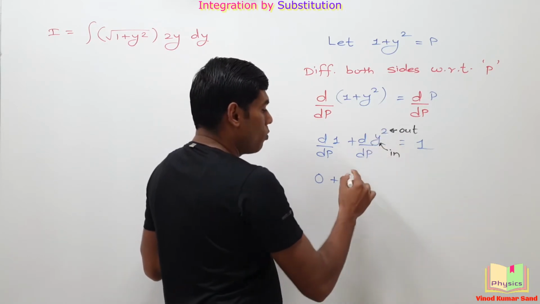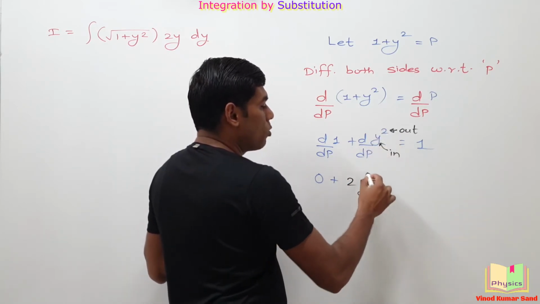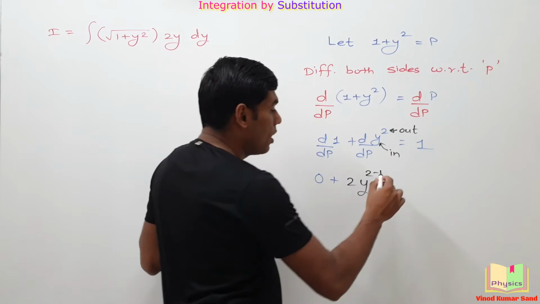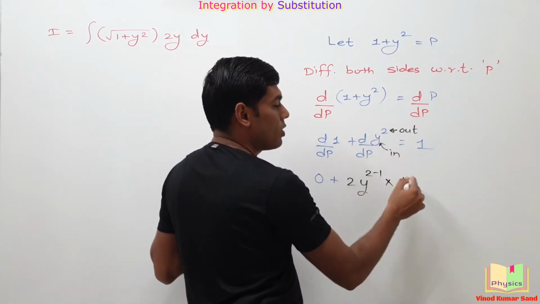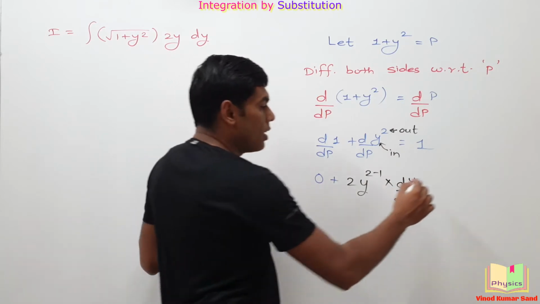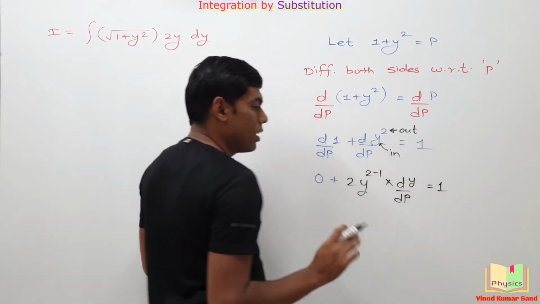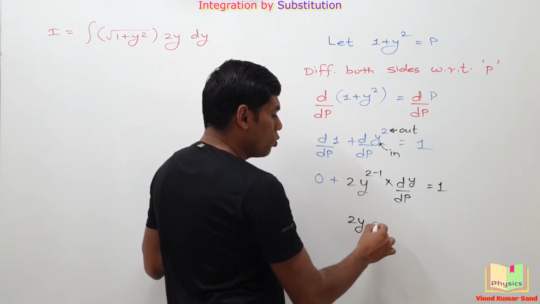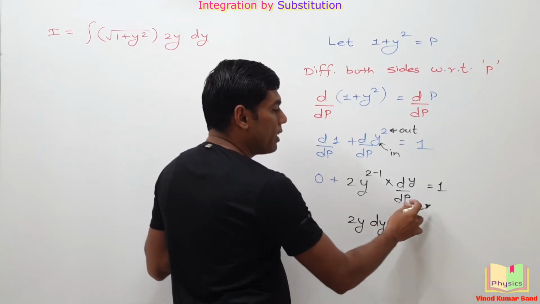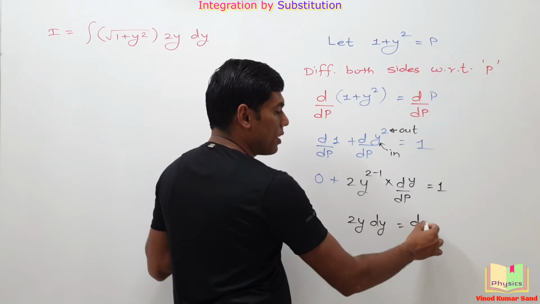Differentiation of power, we know, 2y to power 2 minus 1 into d by dp of the inside function, and your inside function was y, is equal to 1. Do you agree? Now here we have 2y dy and dp I am shifting there.